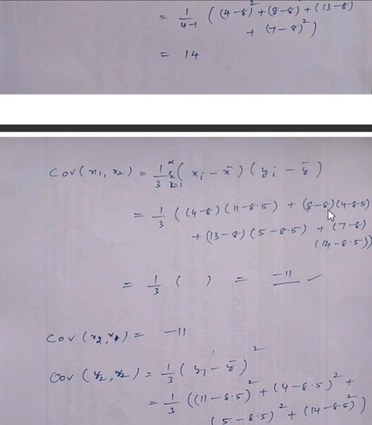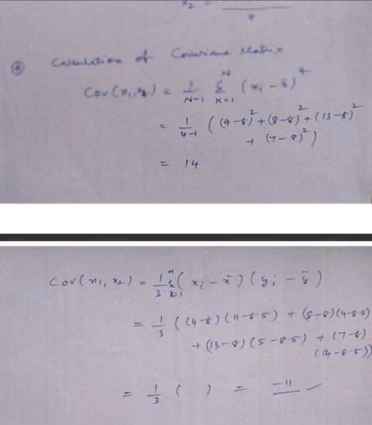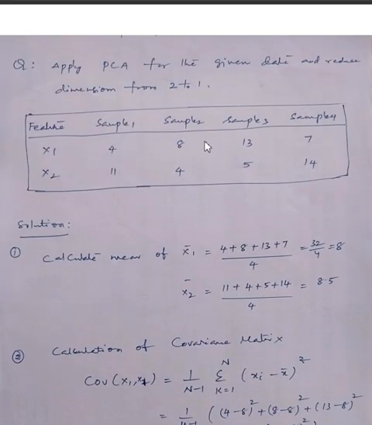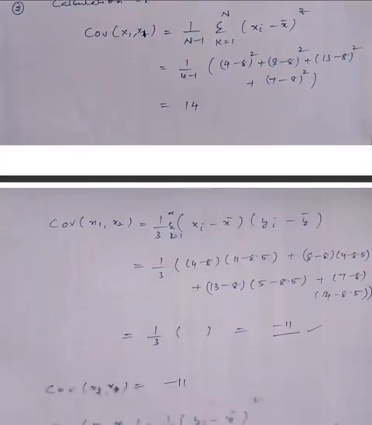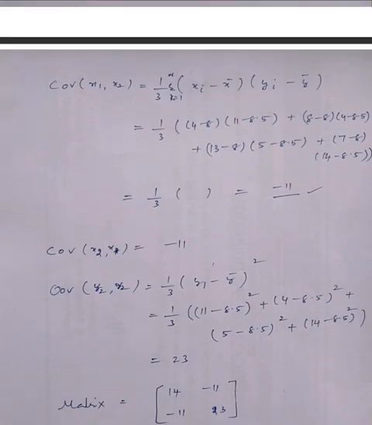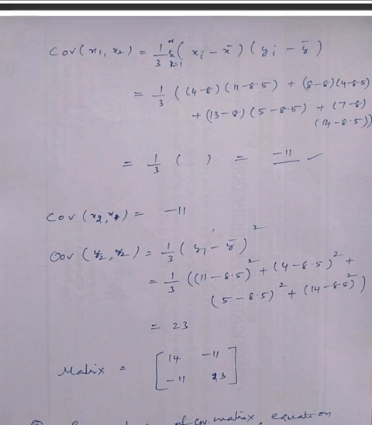Similarly for the remaining samples: (8 minus 8) into (4 minus 8.5), (13 minus 8) into (5 minus 8.5), (7 minus 8) into (14 minus 8.5). Likewise we calculate, and we get around minus 11.